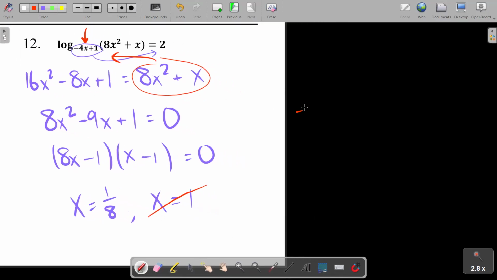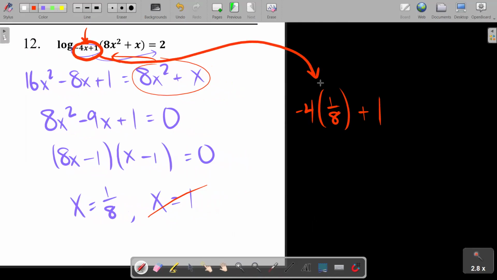So if you do -4 times 1/8 plus 1, this is the base of the log magnified here, blown up. So -4 times 1/8 is like -4 over 8, which is -1/2. And -1/2 plus 1 equals positive 1/2. So it does pass the first test.